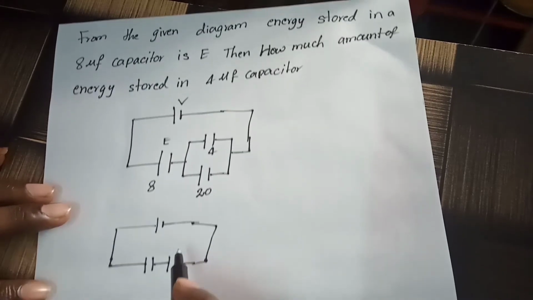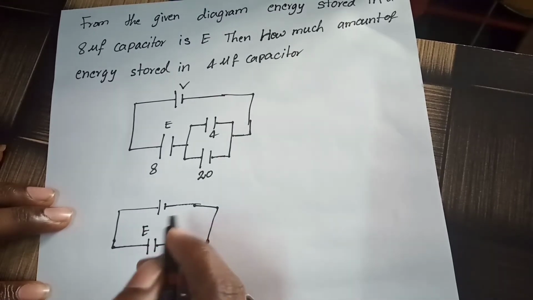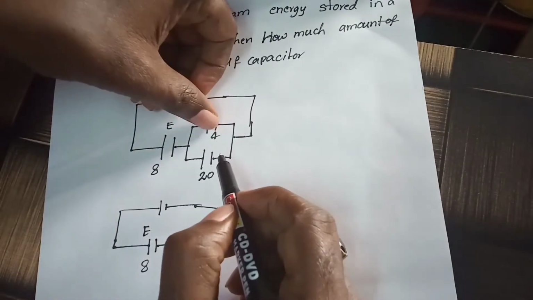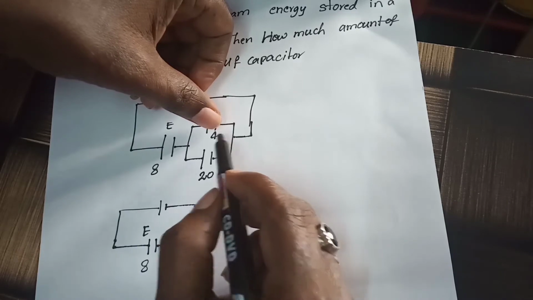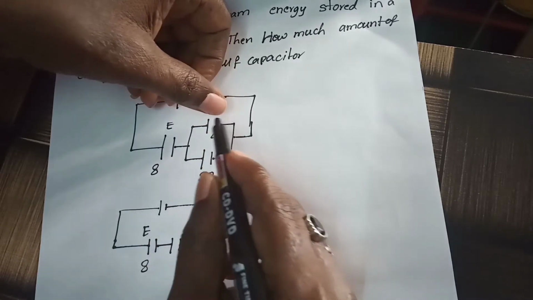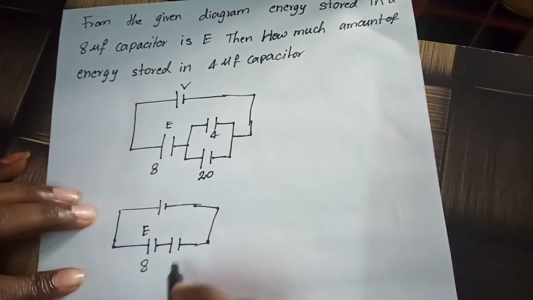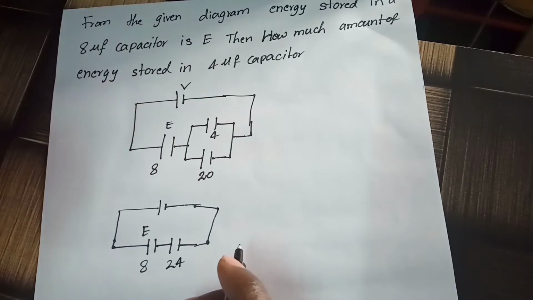So here this is the 8 microfarad capacitor storing E amount of energy, and I want to find how much energy is stored in these two capacitors. Here 20 plus 4, 24 microfarad is the resultant capacitance for these two capacitors.